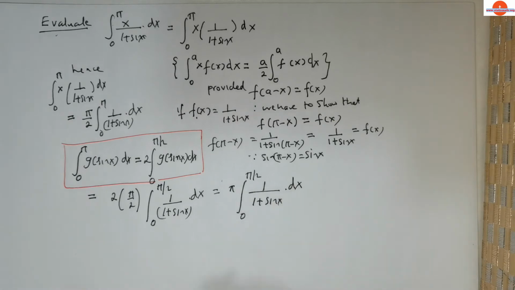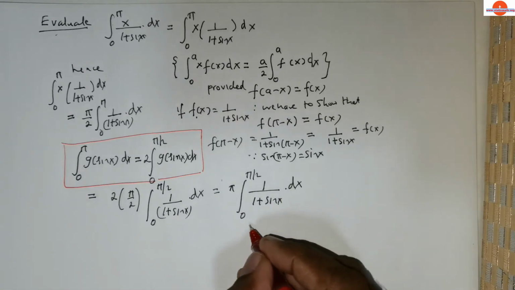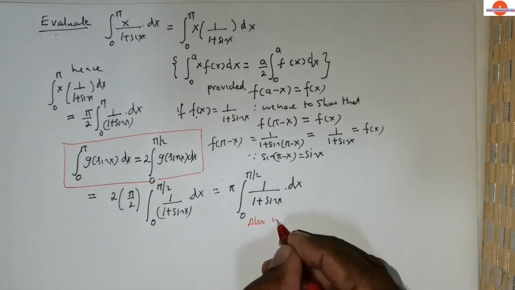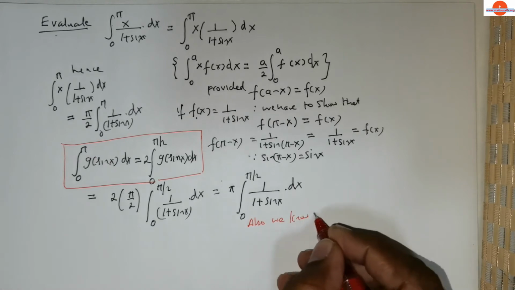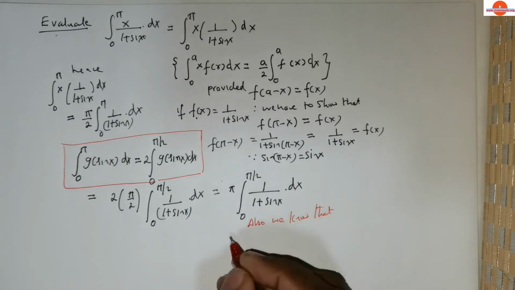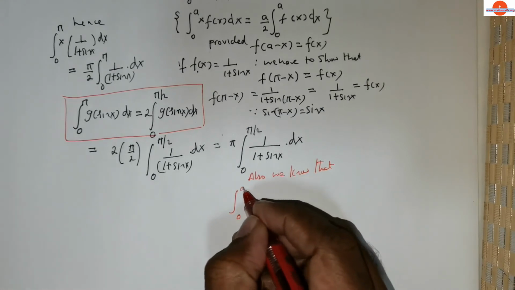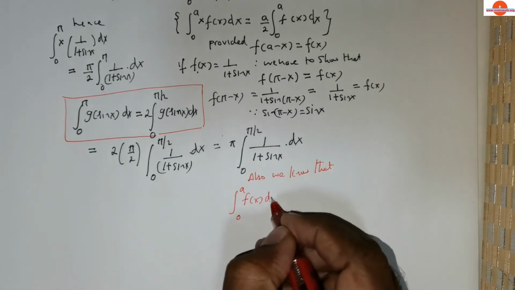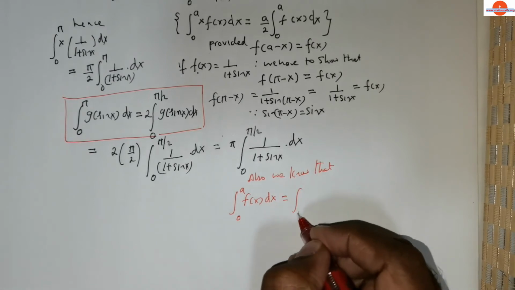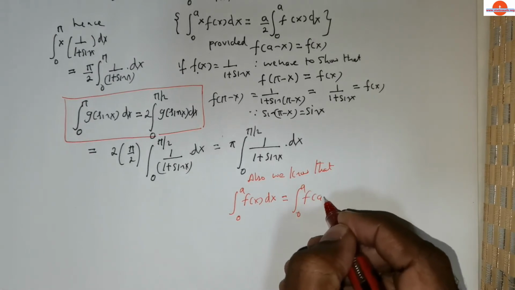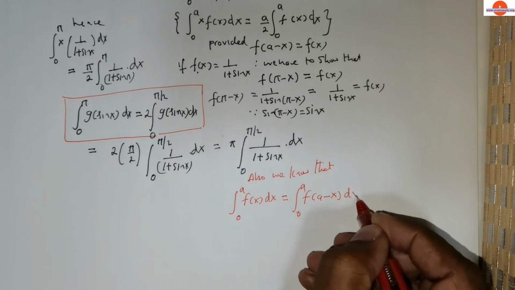Now there is another important result. Also, we know that the integral from 0 to a of f of x dx is equal to the integral from 0 to a of f of a minus x dx.